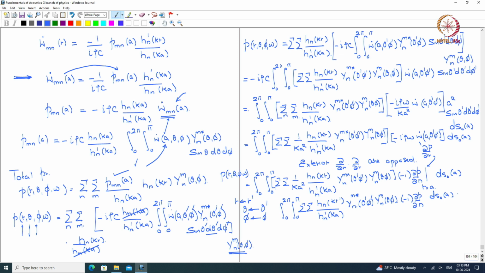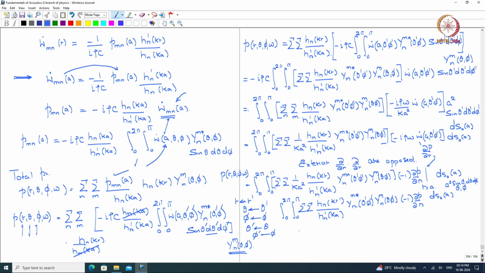Okay, it is now on theta, phi. a square sin theta d theta d phi. Okay. Similarly, theta dash are replaced with theta and phi dash are replaced with phi.